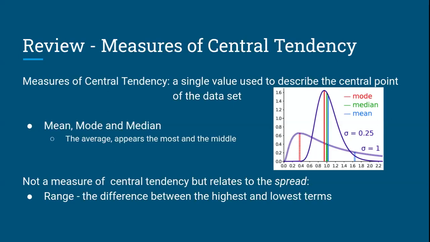Individually, we call them mean, mode, and median, but they are collective under one umbrella called measures of central tendency. In layman's terms, the mean, the mode, and the median can be described as the average, what appears the most, and the middle.